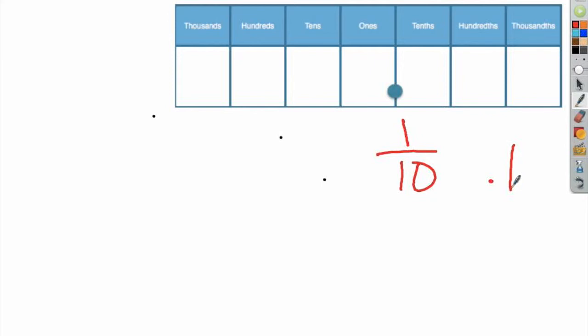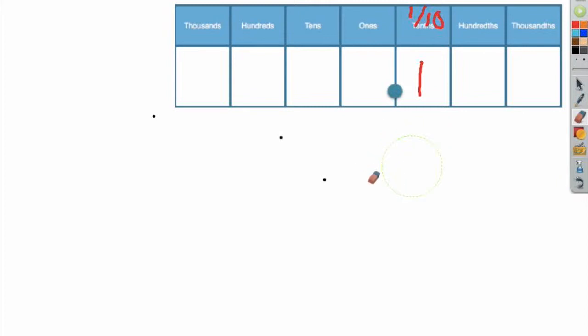Everybody, what's this number? Are they the same thing? So you mean to tell me that if I have a 1 right here, that is also the same as this? Really?